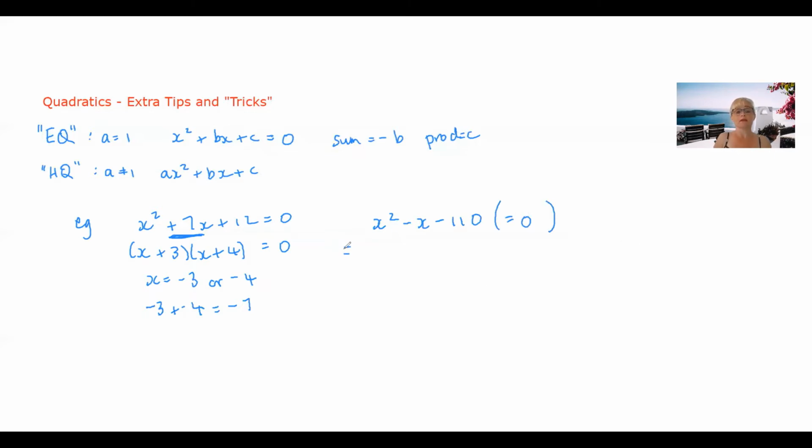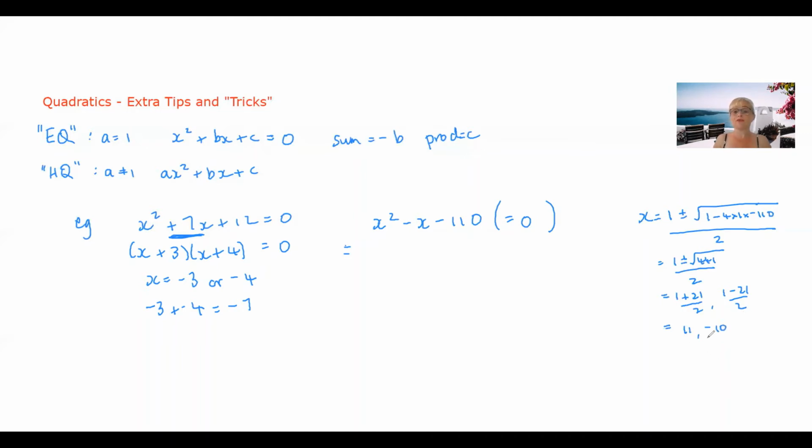So x is going to be -b, which is 1, plus or minus square root of b squared, so 1, minus 4 times a times c, all over 2a. So we get 1 plus or minus square root 441 on 2. Square root of 441 is, of course, just 21. So we get 1 plus 21 on 2, or 1 minus 21 on 2. This, of course, gives you 11, and this gives you -10.